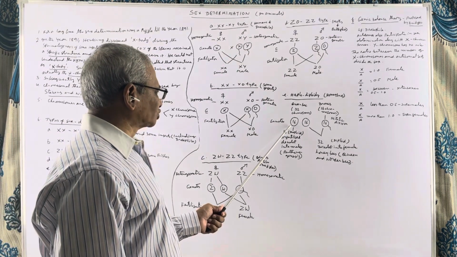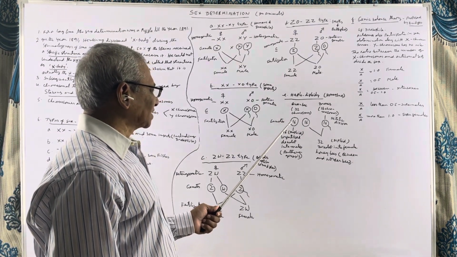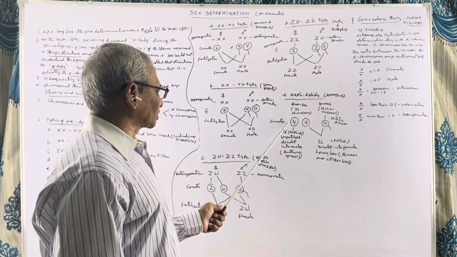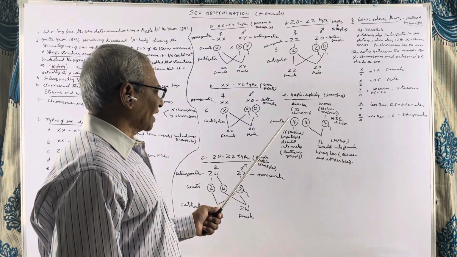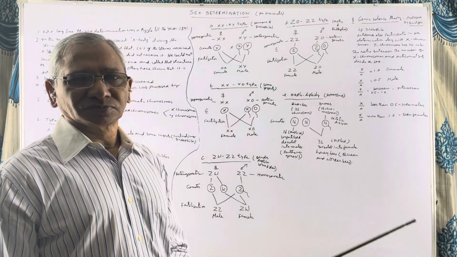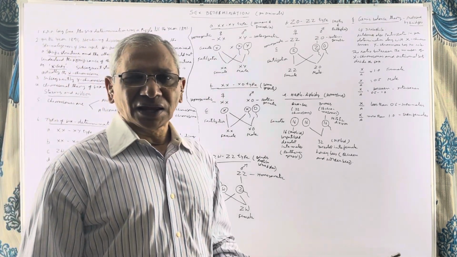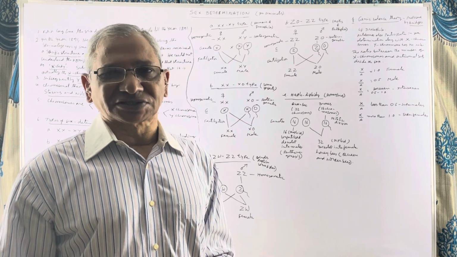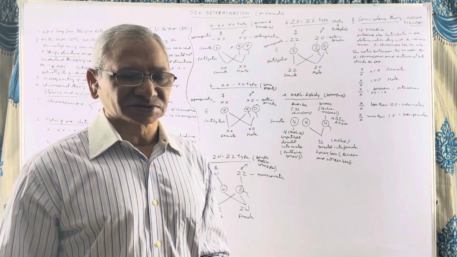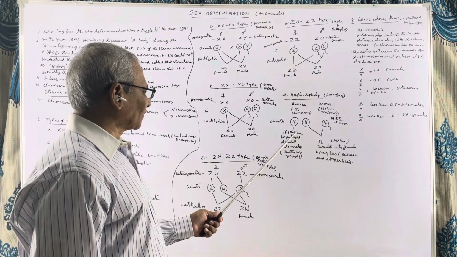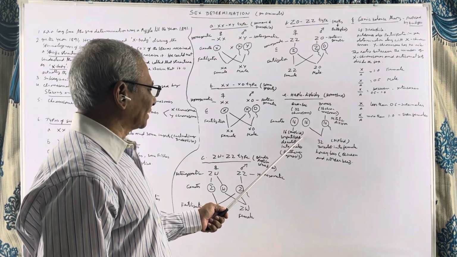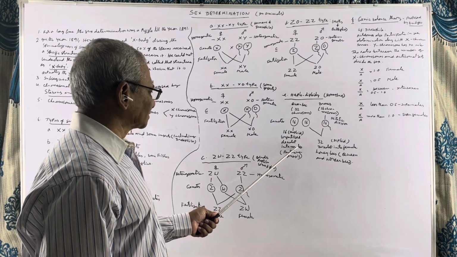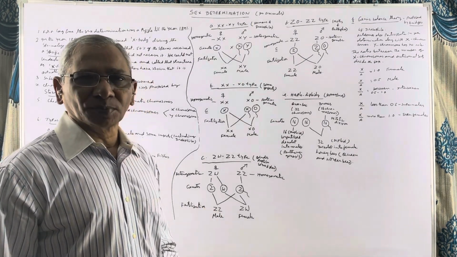The queen bee also produces some unfertilized eggs. Here there is no fertilization. These unfertilized eggs also develop. When an unfertilized egg develops, it is known as parthenogenesis. So the unfertilized eggs, which are haploid in number, develop into males or drone bees.